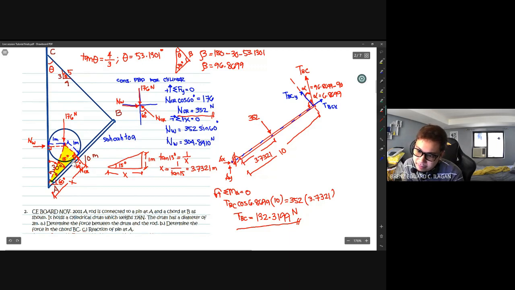Teka lang ha. Ito perpendicular distance. Ano yung angle na to kapag kinumpute natin? Ito guys is summation of forces x, summation of forces y. Kaso ang kailangan nating malaman is ano yung angle na to at ano yung angle na to.